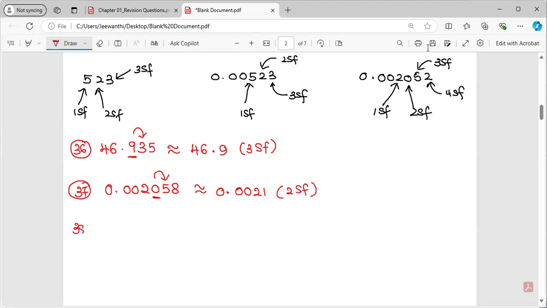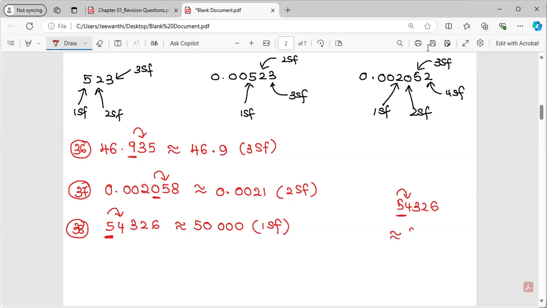And question number 38, it is a whole number, 54,326. You have the first significant figure here. Look at the next number. No need to add anything. You keep 5 as it is. But the rest of the digits should be 0 like this. Right? So this is also one big mistake that the students are making. When you have 54,326, you underline this one, look at the next thing. Then you don't need to do anything and just write 5.